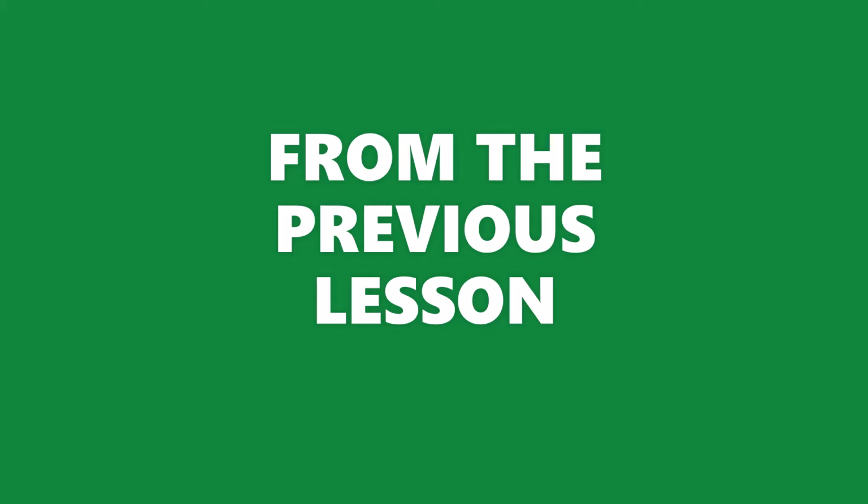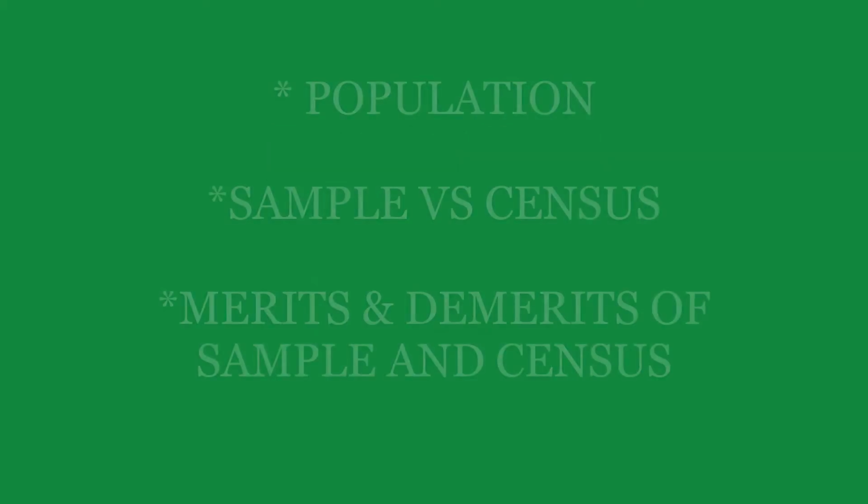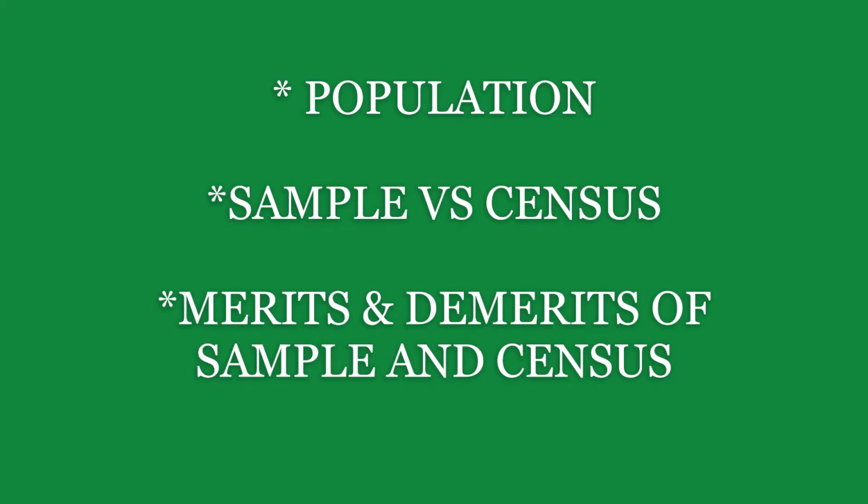In that lecture, we were able to identify the fact that a population consists of the totality of a group of elements, of a group of units, of a group of entities that are of study interest.